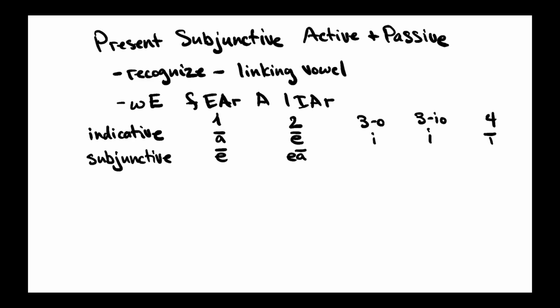In the third conjugation, that short I is completely replaced with a long A. And whereas in the indicative, the third O and the third IO shared that short I, in the subjunctive, the third IO is actually more like the fourth. They both have a short I and a long A.